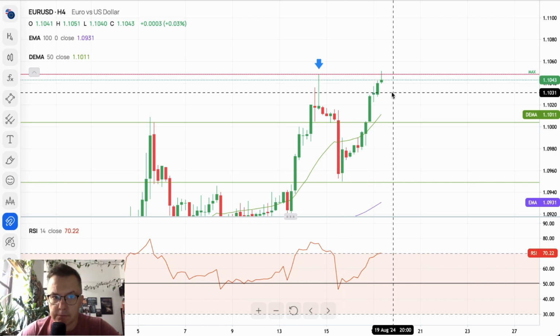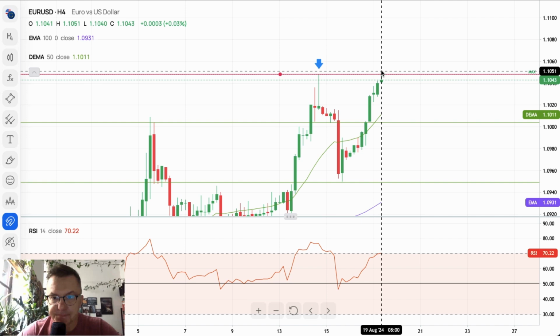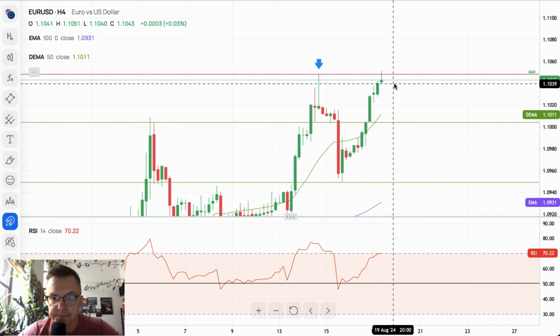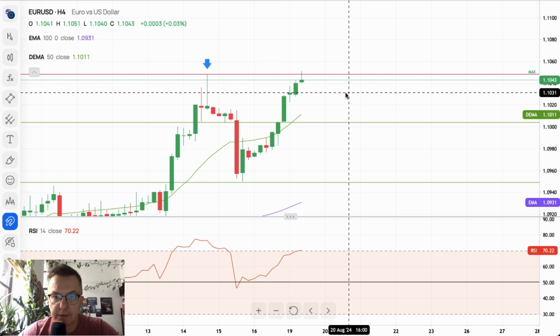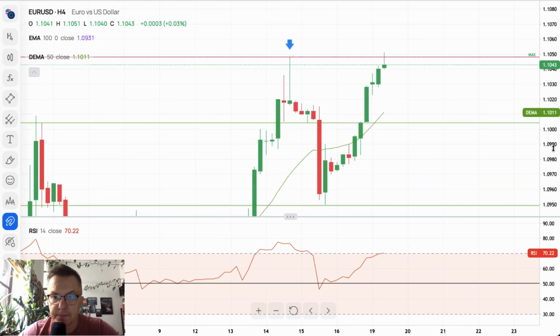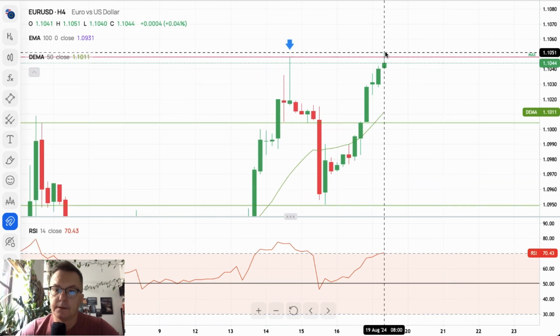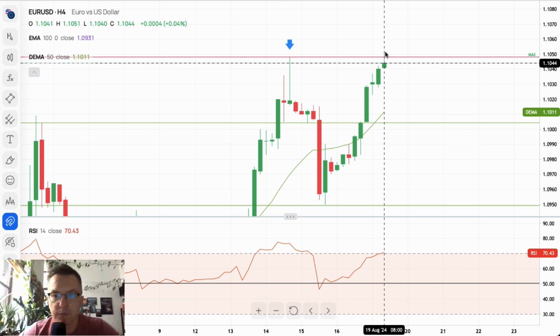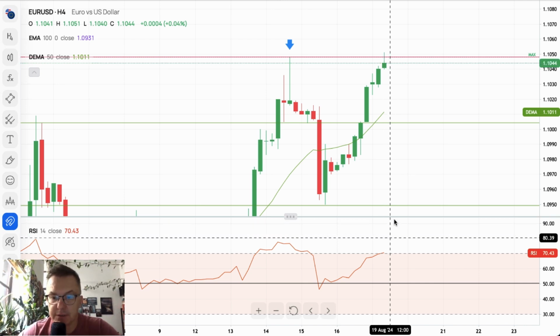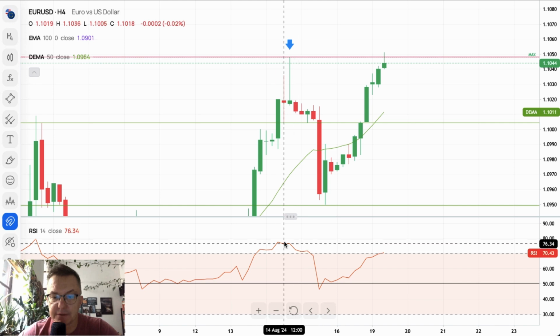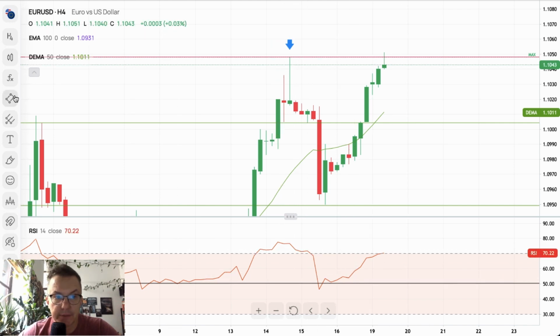Now we got this rather long upper shadow here, so maybe the situation can be repeated once again on the euro dollar 4 hour chart, especially because there is some sort of bearish divergence that is being built on the 4 hour chart.